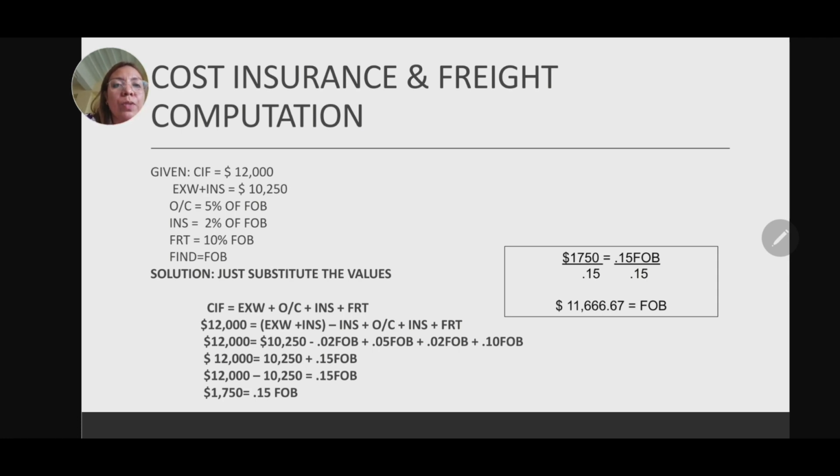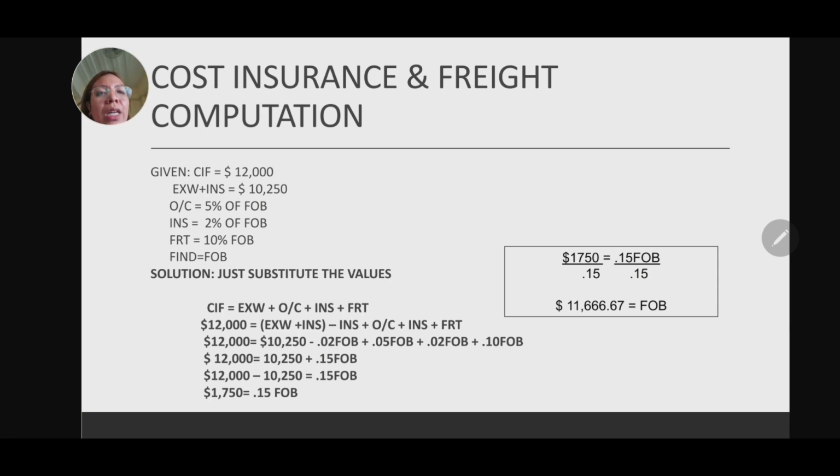Again, we just need to substitute the values, but we also need to write down the formula for what is being asked. Since there is no given FOB, we need to use the other formula for CIF, which is CIF is equal to ex-works plus other charges plus insurance plus freight.